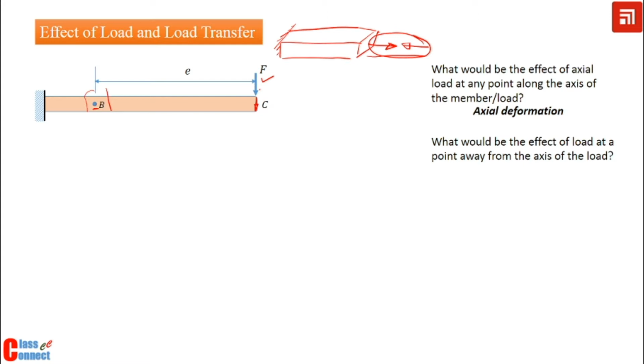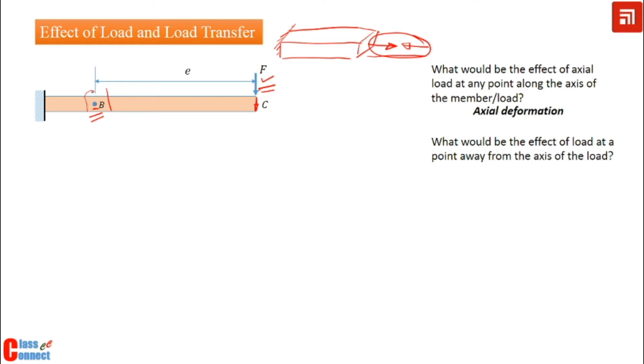So first we have to replace or transfer that load from the point of application to the point of interest. We have to shift this load F from point C to point B, and whatever system of force we obtain at point B will decide the effect of load.